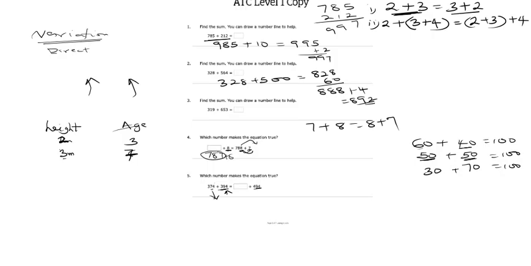Or when you talk about children or people, you can talk of measuring in feet. Maybe 2 feet for 3 years old, and 3 feet for 7-year-old. So that's an example. In that case, when one increases, the other one increases, that's direct variation.